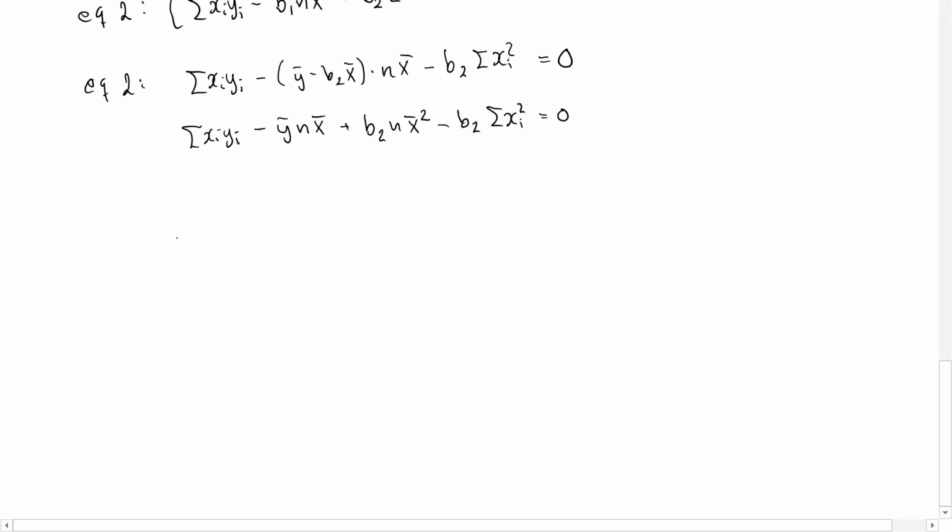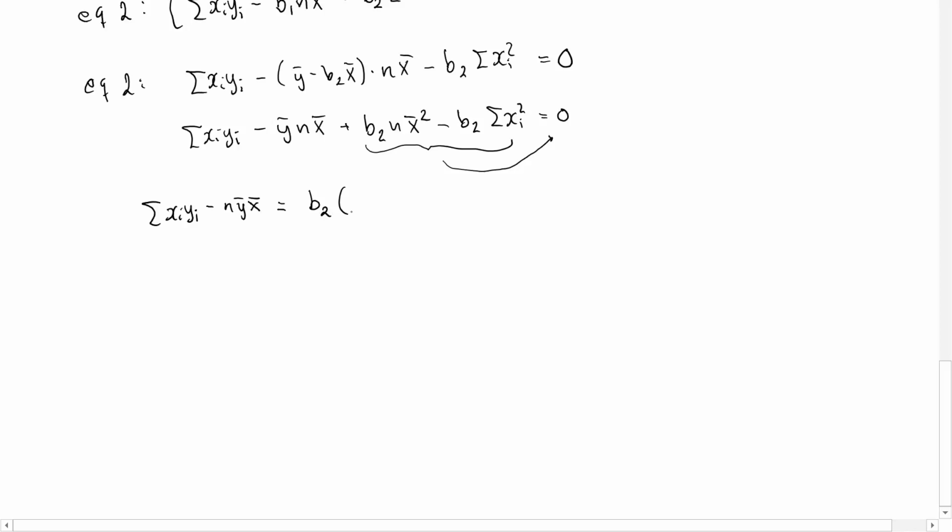So if I want to solve this equation, I can take these terms and move them to the right hand side. Then on the left hand side I have summation xi yi minus n y bar x bar, and on the right hand side I have to change the signs of these terms because I moved them to the other side.